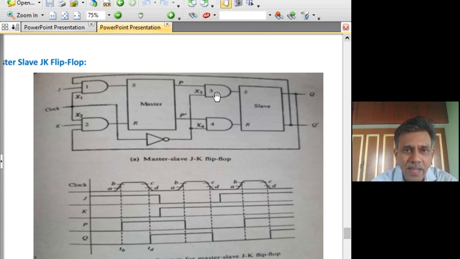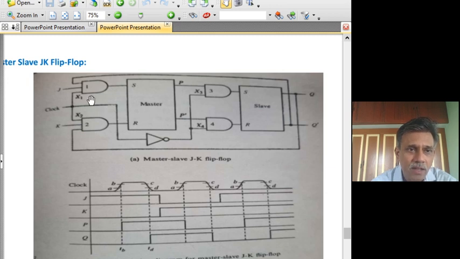So these gates are designed in such a manner that a level equal to A blocks this AND gate from propagating P to S and P bar to R bar. So the slave isolates the master from the output at this point. At the point B, what happens?